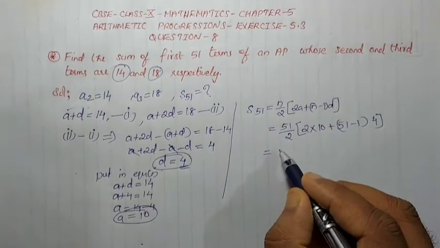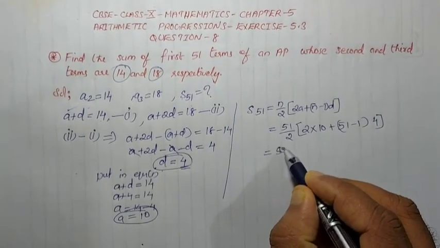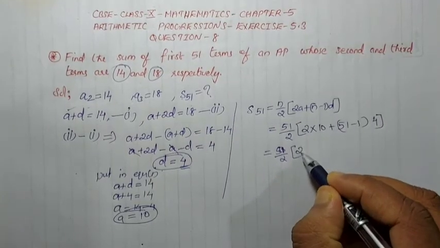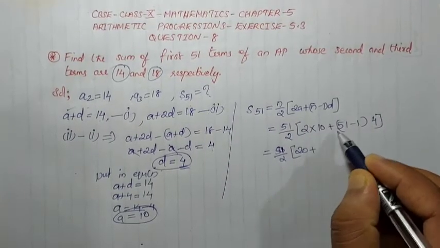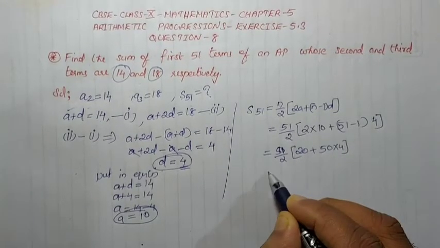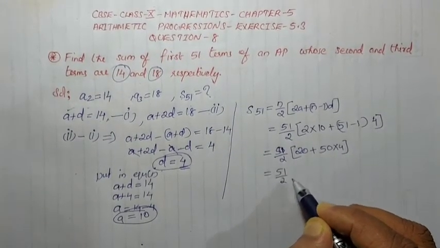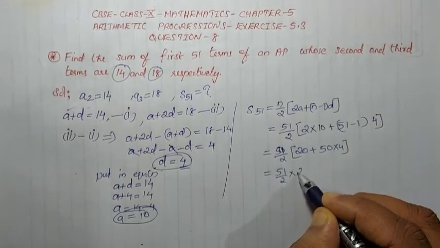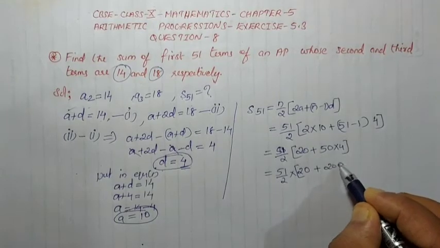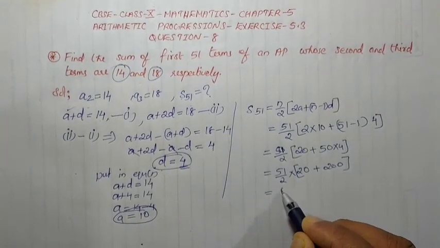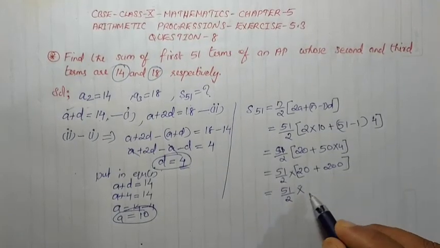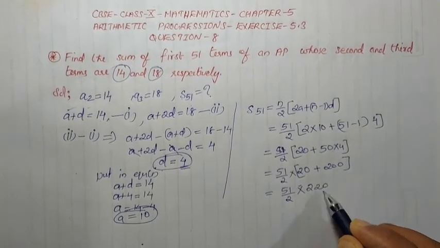Now you can do the simplification. 51 divided by 2 into 2 into 10, that is 20, plus 51 minus 1 is 50, into 4. So we will get 51 by 2 into 20 plus 50 fours are 200. So you will get 51 by 2 into 200 plus 20, 220.